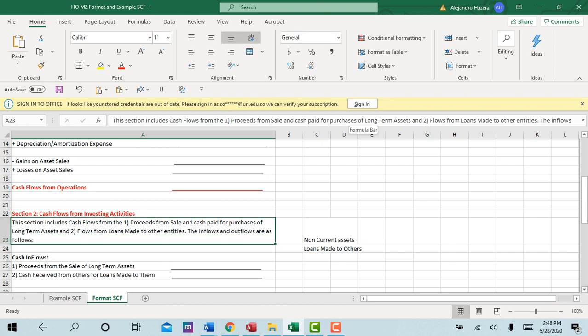Okay, so long-term assets are investments. These could be land, plant, equipment, intangible assets, could be anything. But they're usually long-term assets here.